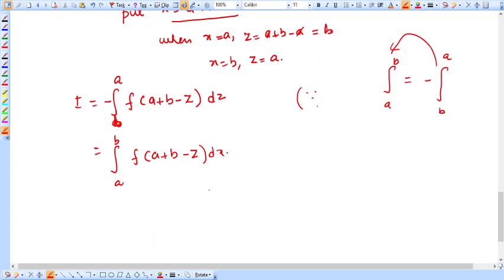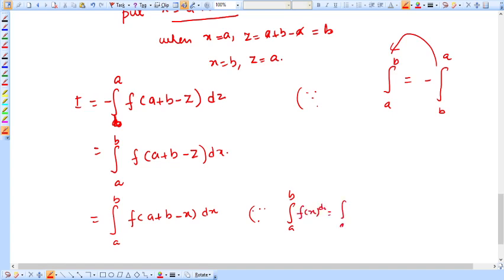Next, we can also write this as integration a to b f of a plus b minus x dx, because of property 1. Property 1 says integration a to b f of x dx is equal to integration a to b f of z dz. The crux is that x can be replaced by z.